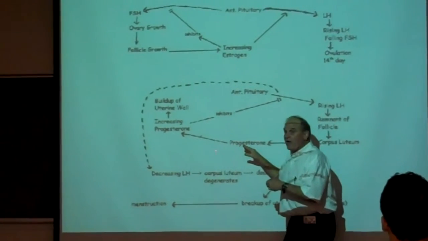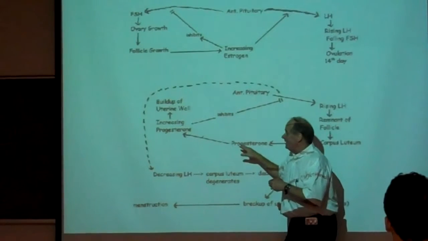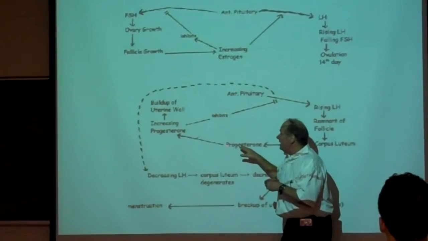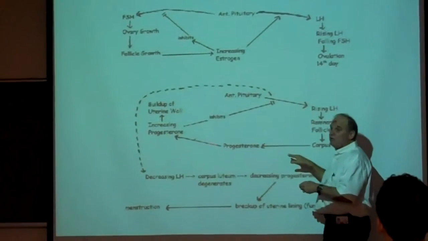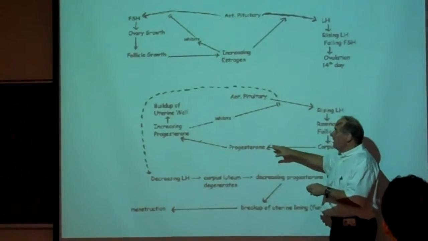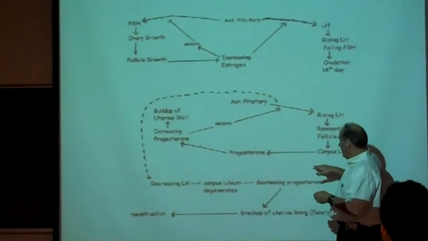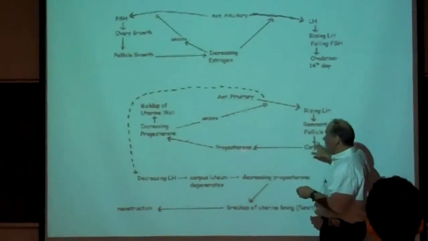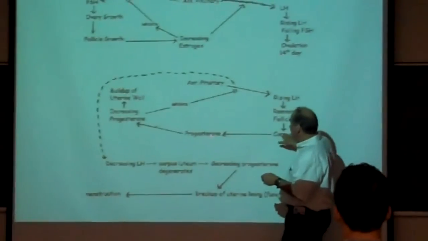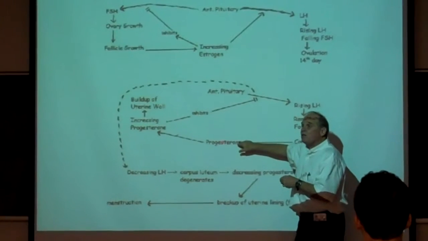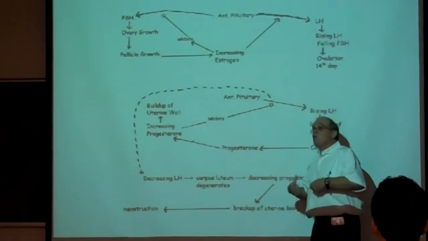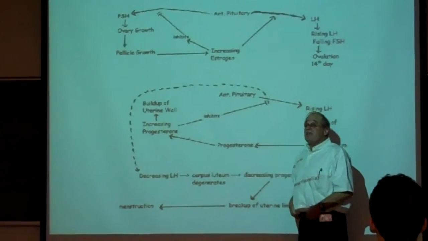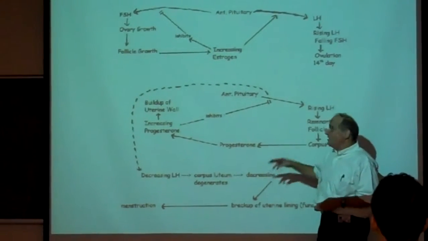The human chorionic gonadotropin, HCG, its job is to maintain the corpus luteum. HCG will maintain this, so progesterone will continue to be produced. If this continues, then the uterine wall stays there, and HCG does that.